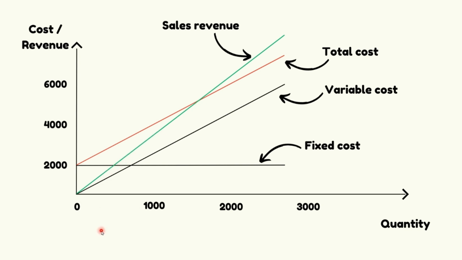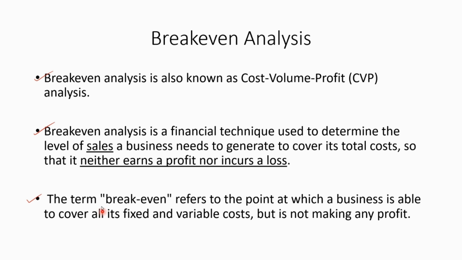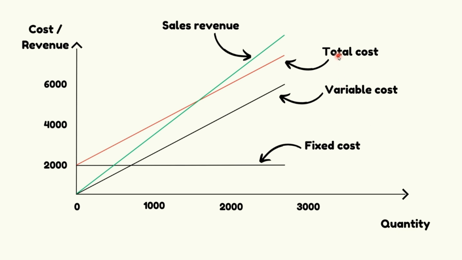So, what is the break even point? As we discussed earlier, the break even point is the level of sales a business needs to generate to cover its total costs. This is the total cost line, which is the red line, and this is the sales revenue line, which is the green line.